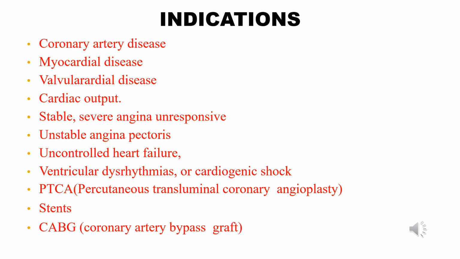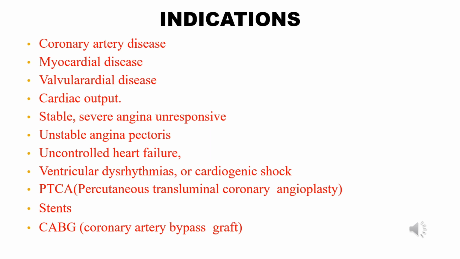Indications. The indications for cardiac catheterization are to confirm suspected heart disease, including coronary artery disease and myocardial disease, to calculate intracardiac shunting and pulmonary and systemic valvular dysfunction, to measure cardiac output, and to determine the location and extent of the disease process.